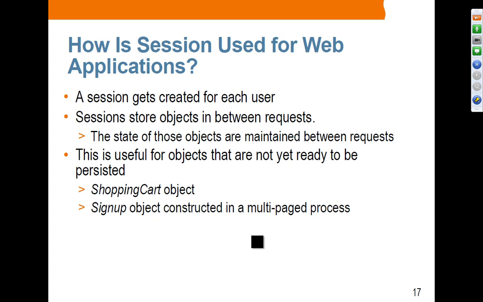Every time the user adds another item, it will be added to the shopping cart object, so it will be accumulated. Without the session, every single request will have a brand new state. That's not what you want to happen with your shopping cart, so that's the time we are going to use a session. The concept of a session is not unique to Rails; it has to be provided in every web application framework.